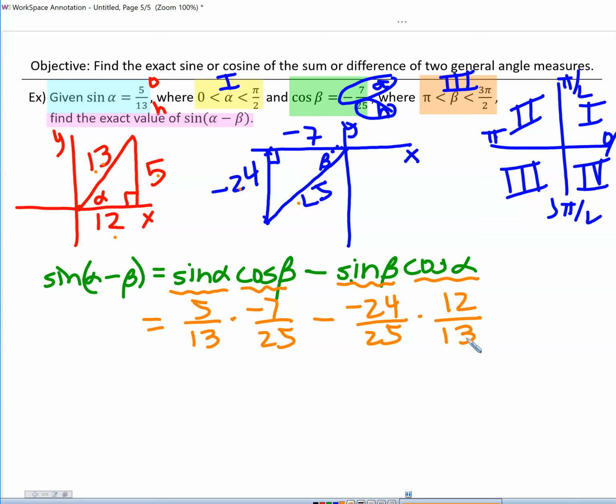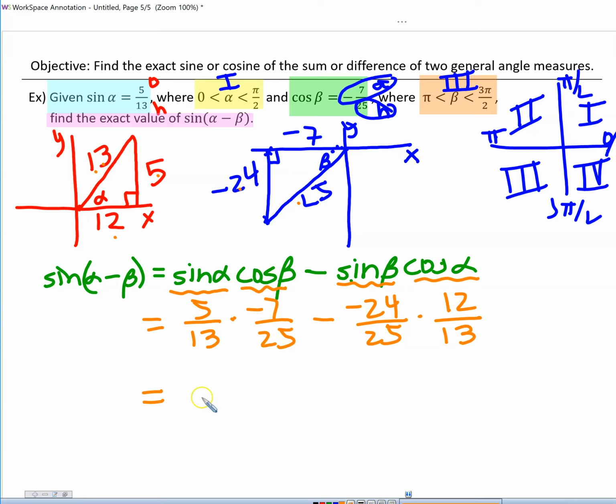Now, even if you could reduce or cross cancel something here in your products, don't, because you're going to have to combine these through addition or subtraction in the next step, and you want there to be a common denominator. So right now, you'll have that common denominator of 13 times 25, which is 325.